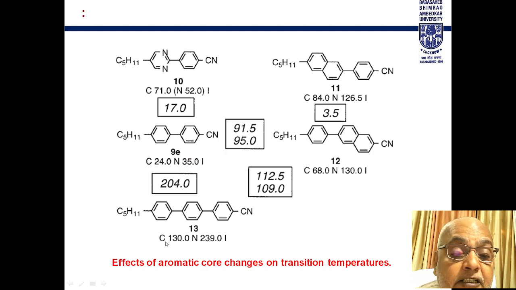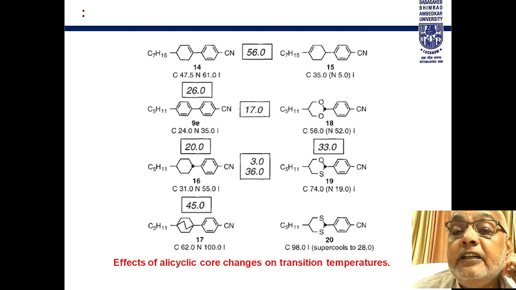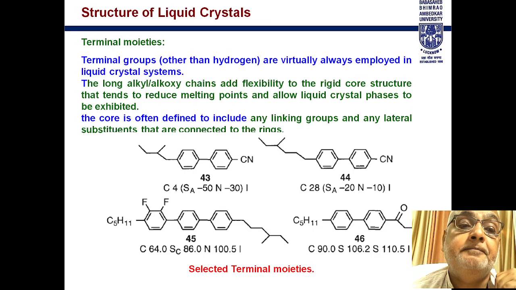For example, at 130 degrees it is crystalline, and then it forms nematic up to 259, 39 degrees. There are more examples like this. One can see and understand that the core has a role in its transition temperature.